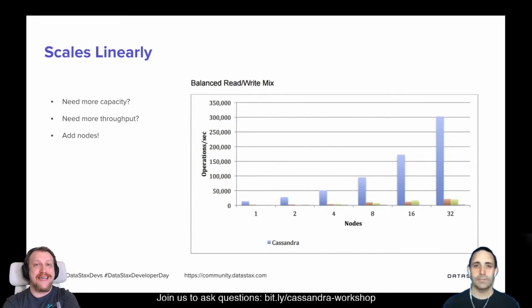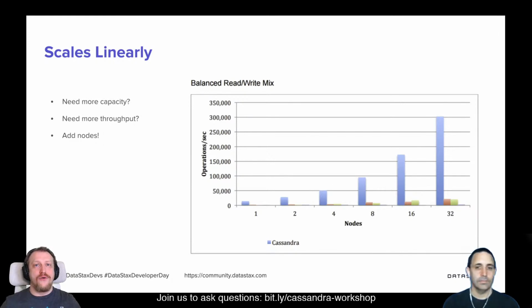This slide is about scalability. So when you need better performance or higher capacity, you just add more nodes, and we have very low to zero overhead on adding new nodes. So you add a new node, you have better throughput and higher capacity. And that's how it works, and that's really great. You don't have to worry about adding new nodes.